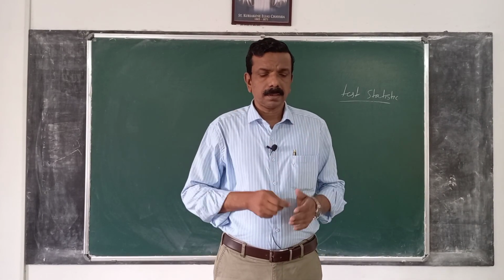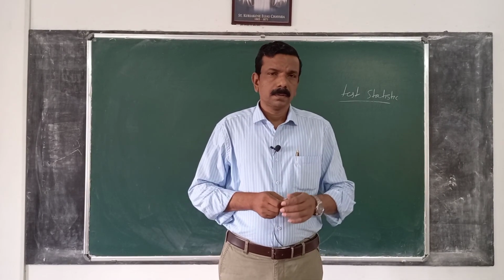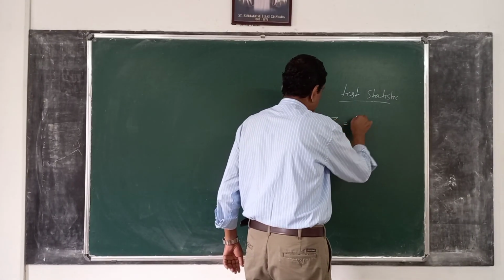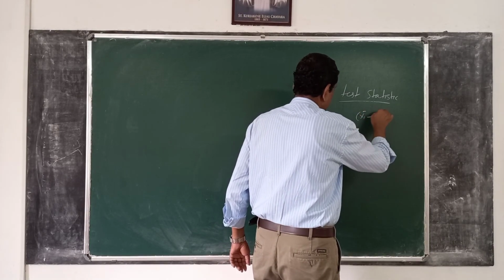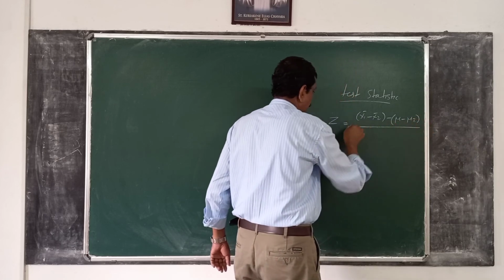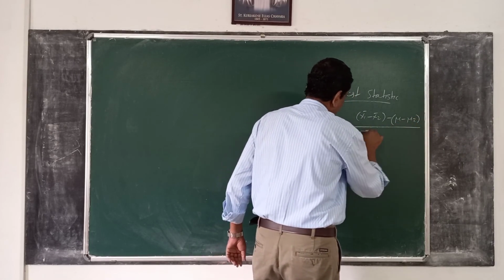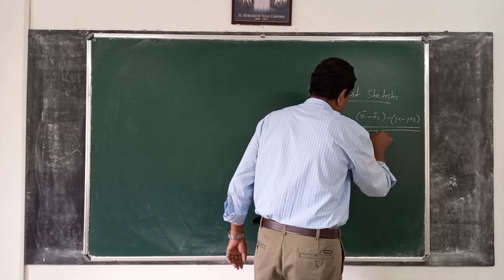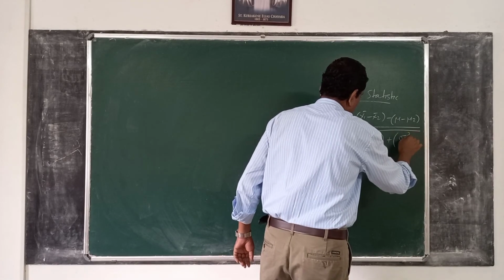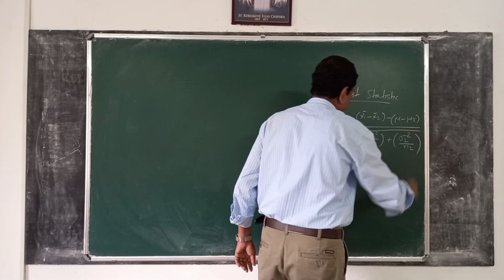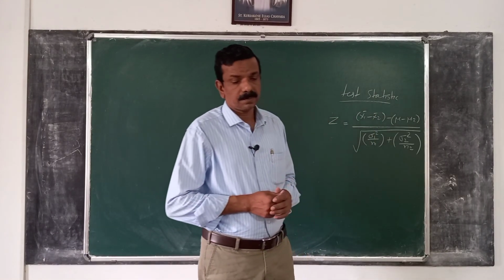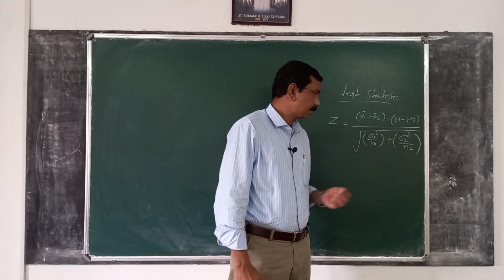For independent samples, the standardized version Z is equal to x bar 1 minus x bar 2 minus mu 1 minus mu 2, divided by root of sigma square 1 by n1 plus sigma square 2 by n2. This is the standardized version of x bar 1 minus x bar 2 that we have considered.